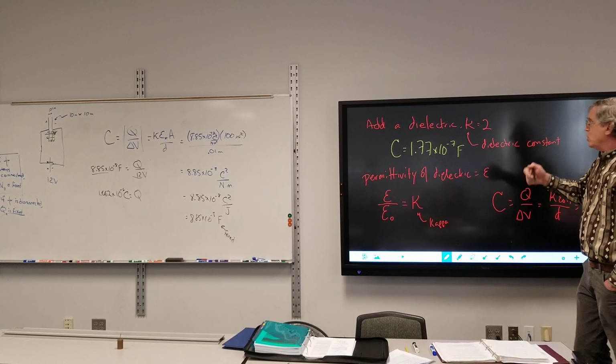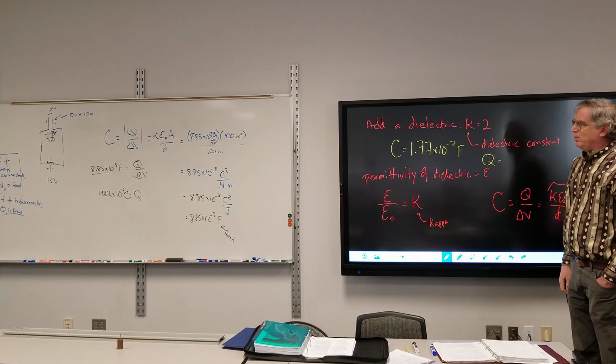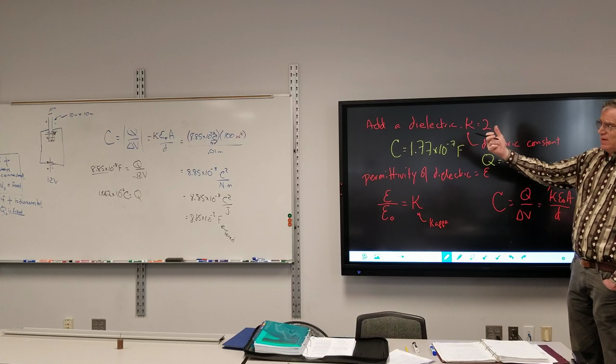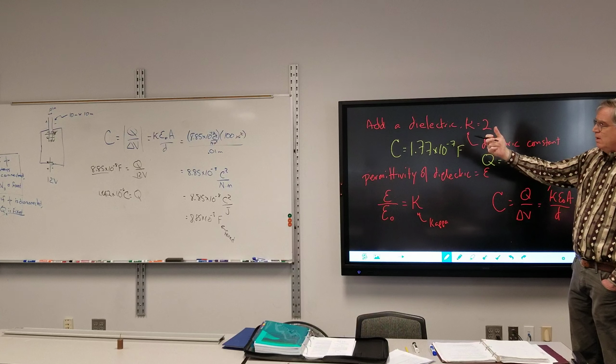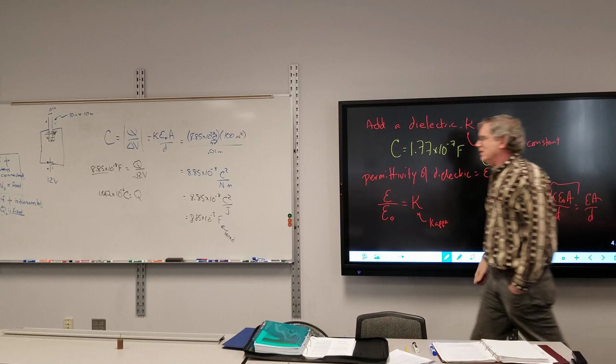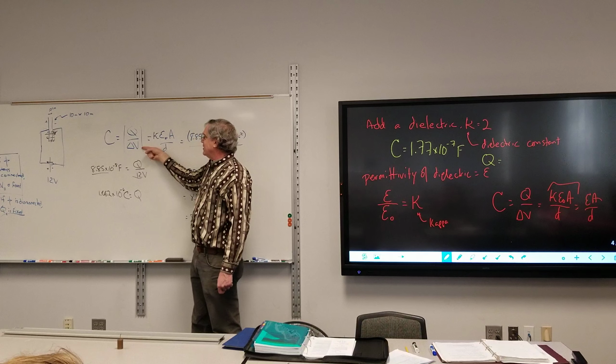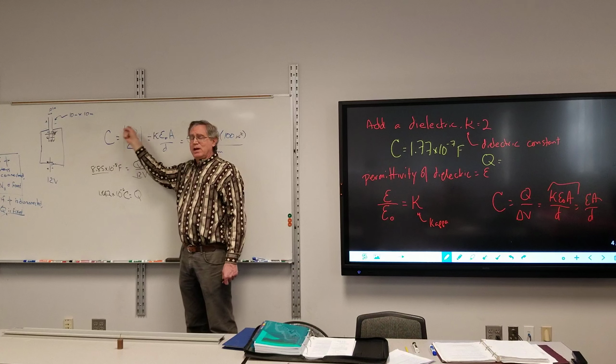All right, so the charge on it. Well, my capacitance has doubled, my voltage stays the same because it's still connected to the battery, or power supply, I should say. Looking at this equation right here, that stays constant, that doubles, what's going to happen to my charge?